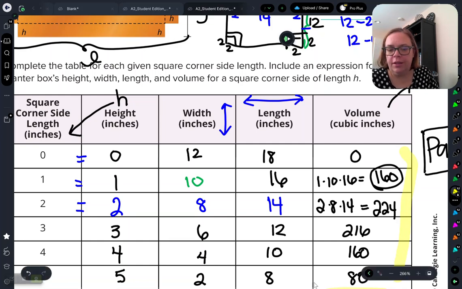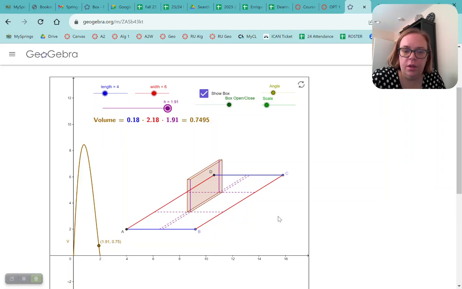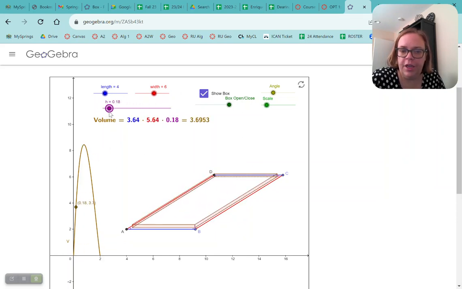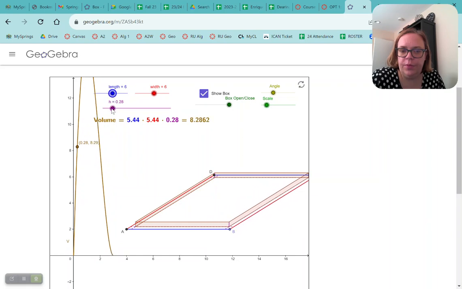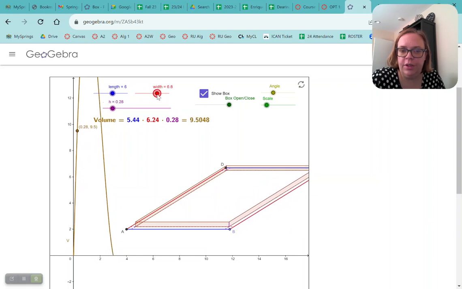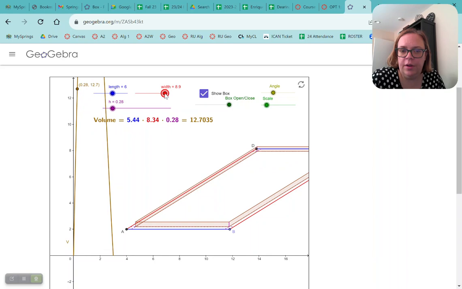So if we go back to that thing that I was showing you, first, the volume's not very big in this example. These numbers are different. Let's just leave it there. 6 and 8, just nice whole numbers.